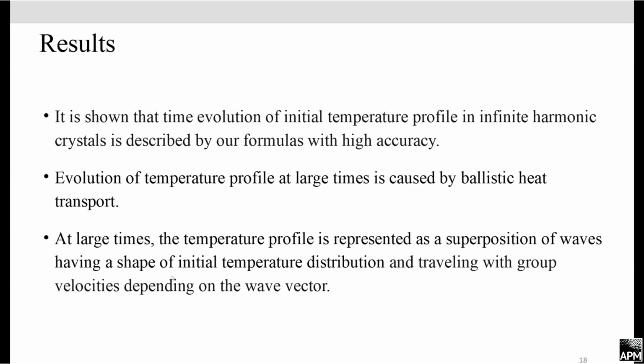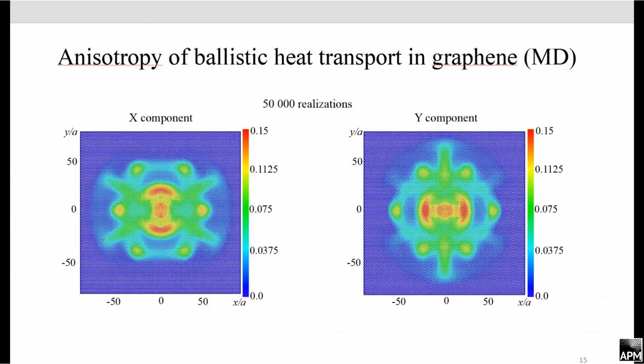Okay, so let me start probably. At slide number 15, I think you have shown component Y and X. So here, what do you mean by X component and Y component? It's the square of the velocity along X direction and Y direction.